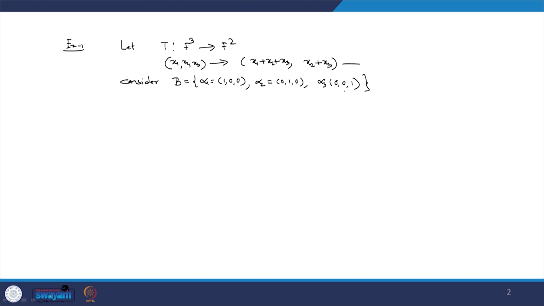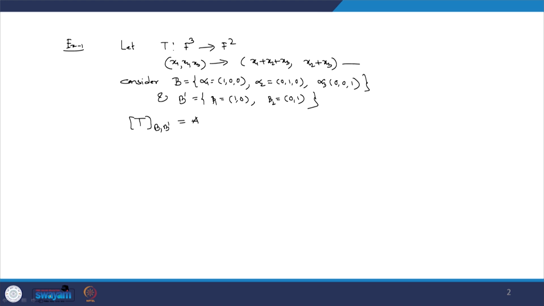So, this is an ordered basis over the 3-tuple space F3, and B prime, if you consider say, beta 1 equal to (1, 0) and beta 2 is equal to (0, 1). We know how to obtain the matrix representation of T related to B and B prime. Let me call this capital A.